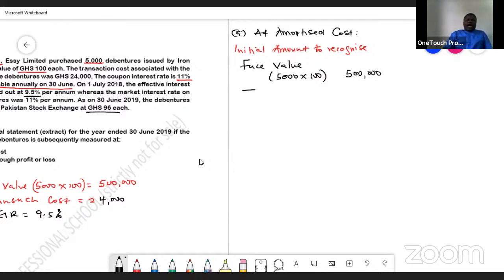Then we add the transaction cost. How much? They said 24,000. We get 524,000.